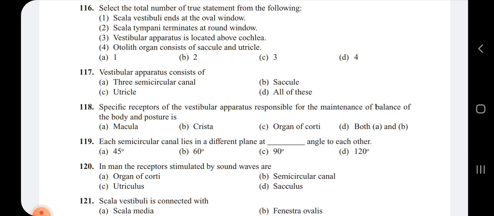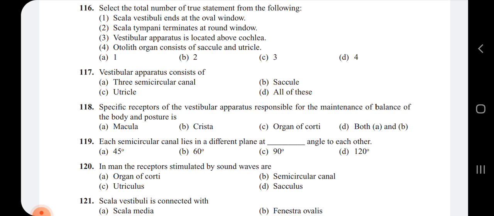Then next question, vestibular apparatus consists of. The vestibular apparatus consists of the three semicircular canals and the otolith organ, where the otolith organ consists of the saccule and utricle. So all of these is the correct answer.